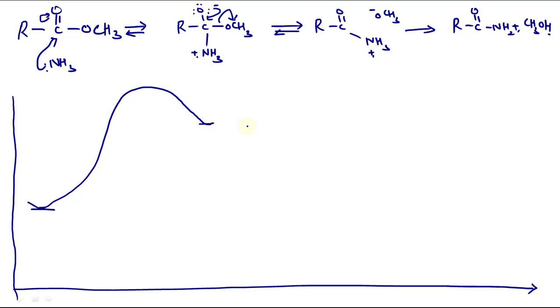Then from this, through the transition state it gets converted to here, so it has energy somewhere like here. So this step is quite exothermic. Just pardon me for my drawing, it is not as good.